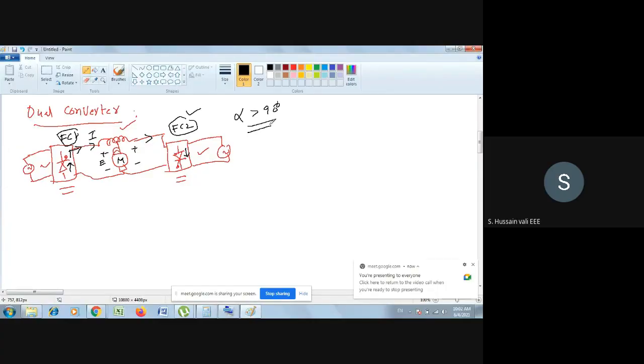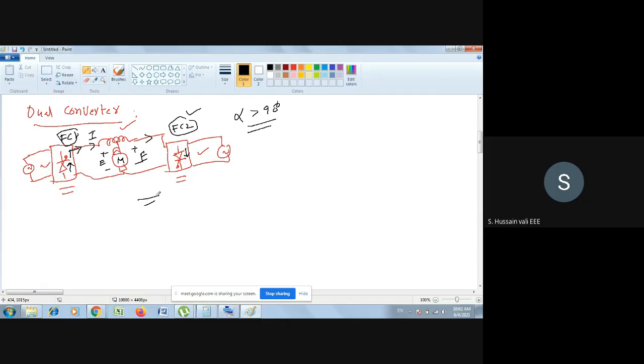So one full converter can make the voltage positive or negative, and the other full converter also does the same. But what about the current? In one full converter the current is always from source to the load, and in the other the current is always from load to the source. This is the simple operation of your dual converter.